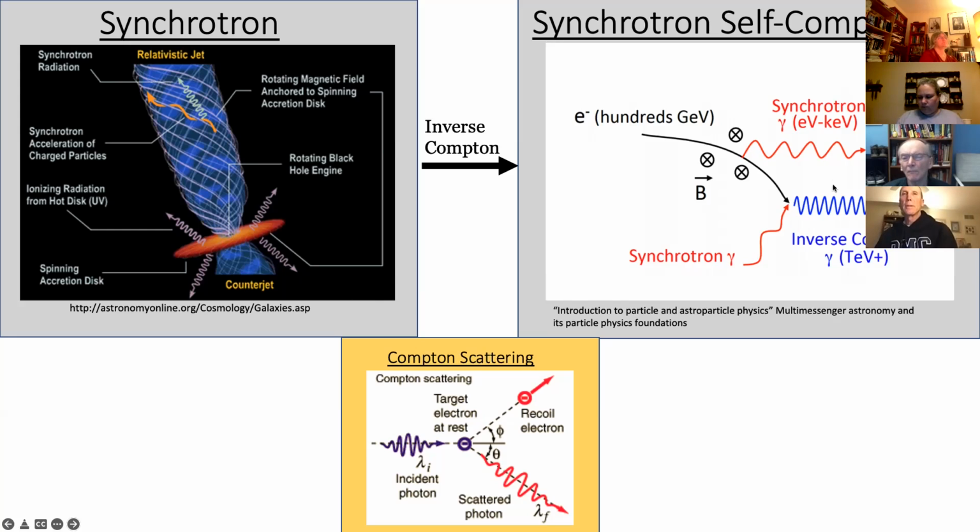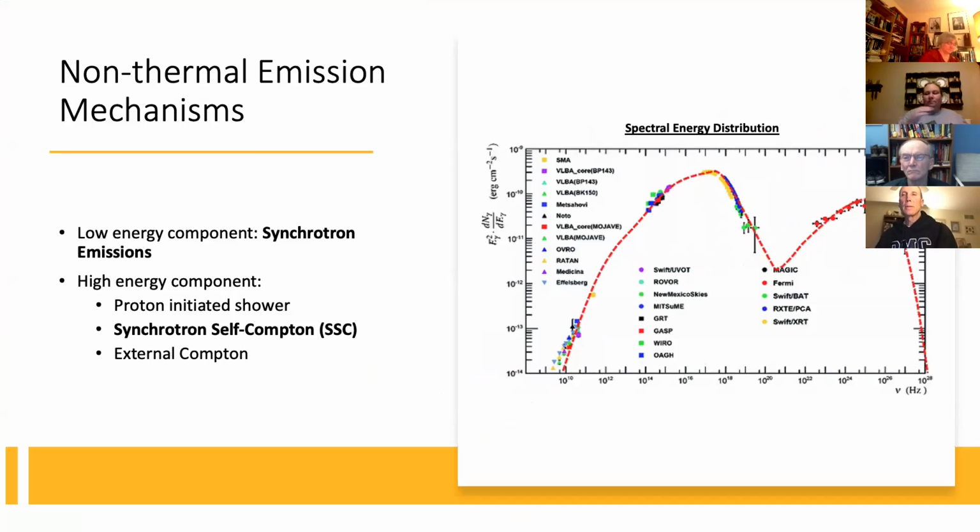And that is called the synchrotron self-Compton effect. The synchrotron radiation is boosted in energy due to this upscattering, due to its own particles. It's kind of like a self-contained boost of energy. And that is what theoretically explains the second peak here on the right.